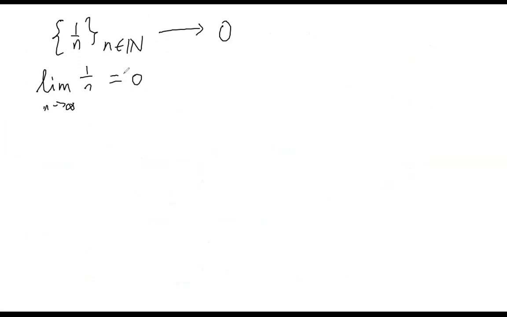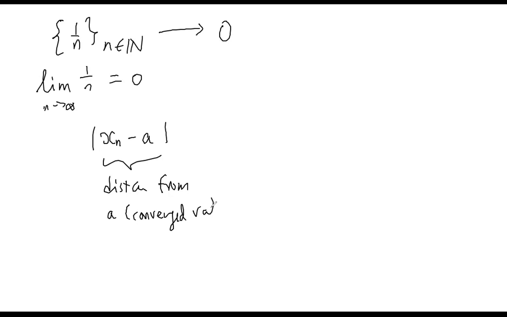Okay. Now how do you argue in this case? So we need to show that xn subtract A, so this is the distance from A, the converged value, is bounded by epsilon, for every epsilon greater than 0.